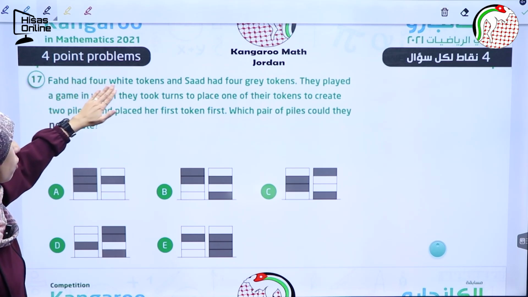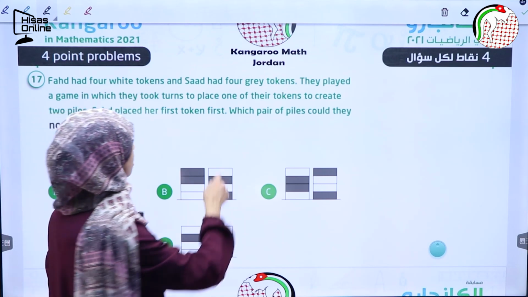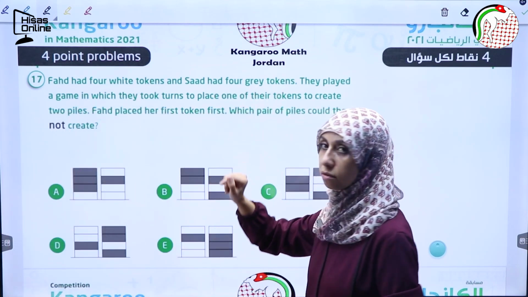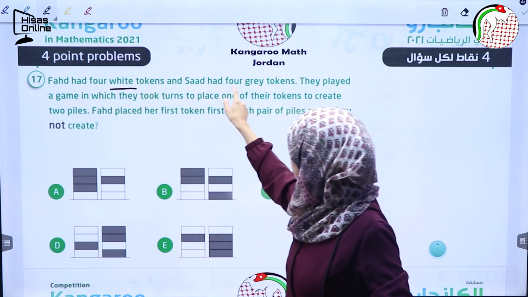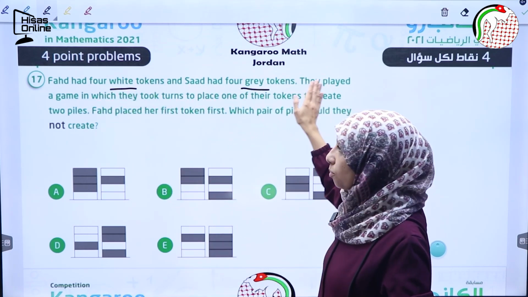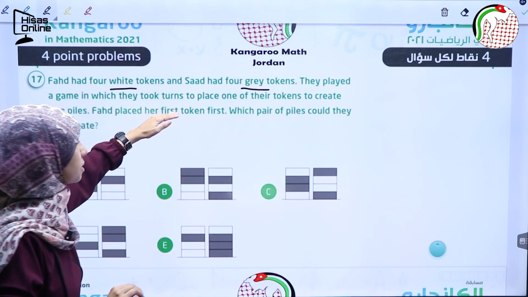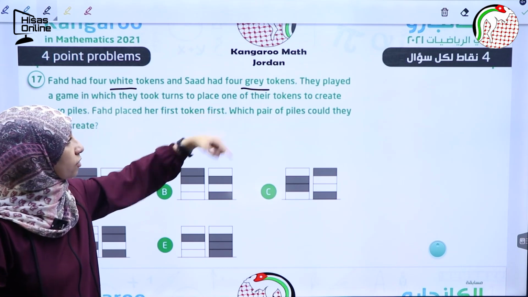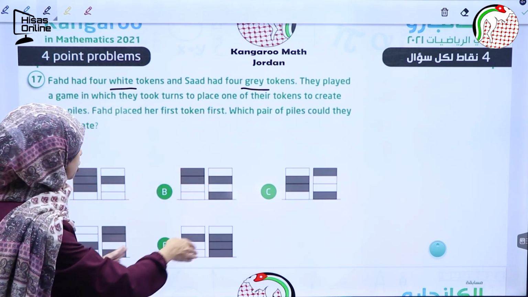Fahd had 4 white tokens, and Saad had 4 gray tokens. They played a game in which they took turns to place one of their tokens to create two piles, as you can see in each option here.